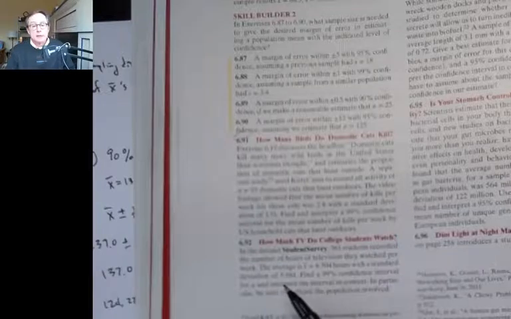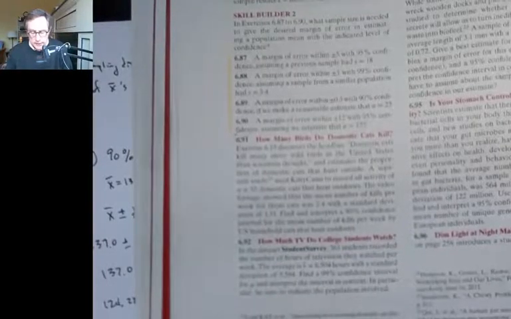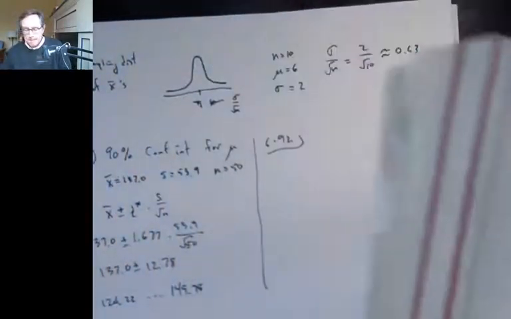In that context, when you're going with a guess about the spreadiness, you have to use the t-curve. Okay, find a 99% confidence interval for mu, and then it says interpret the interval in context. Okay, so let's see.